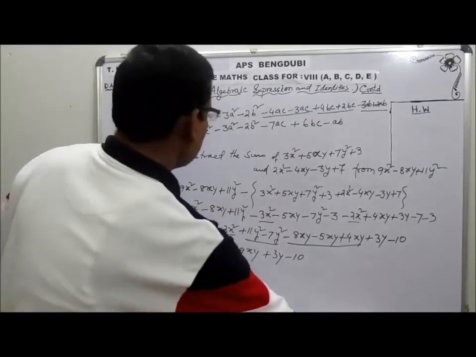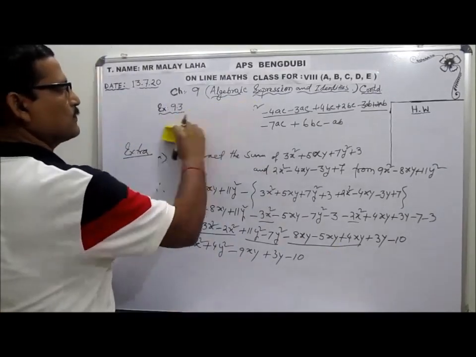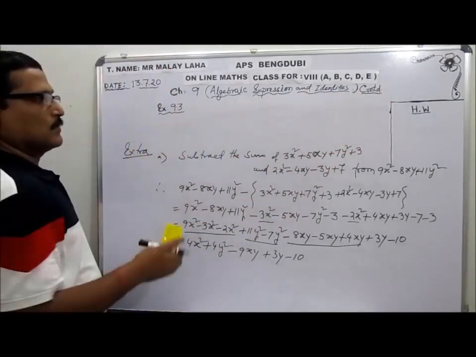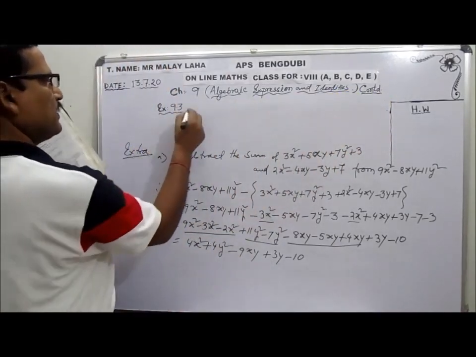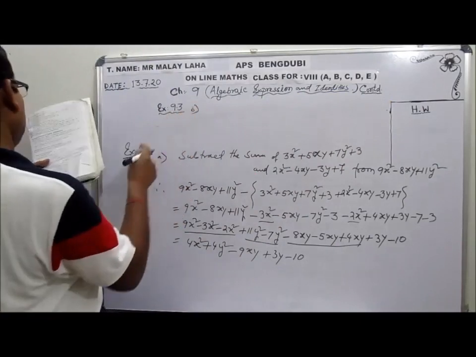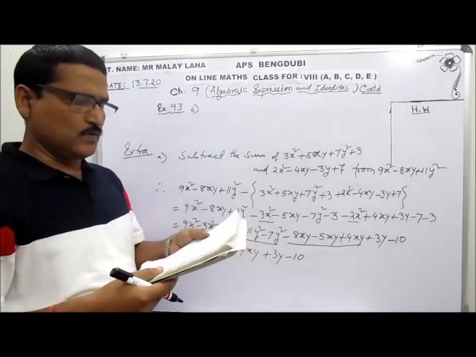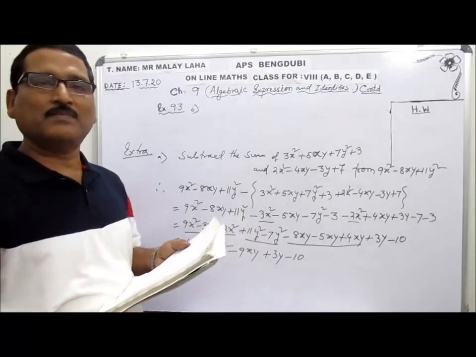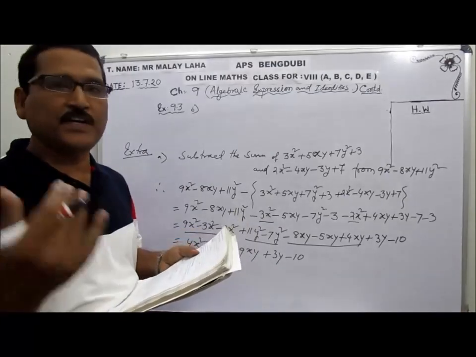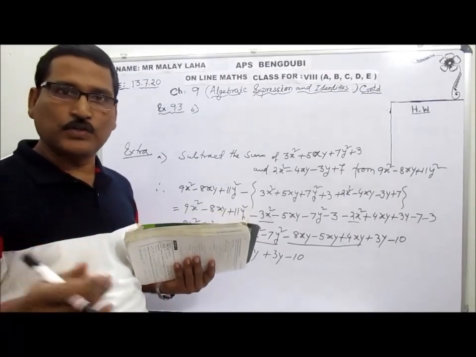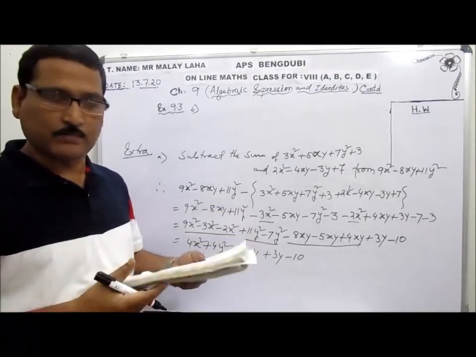Extra question. Now I am giving two more extra questions. Question number B: what must be subtracted from these to get that? These are very common types of questions you have already done in class 7. I think you have not sold your old book, that is the class 7 standard book.